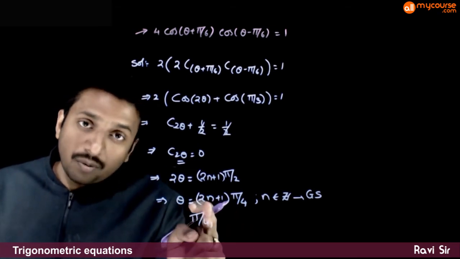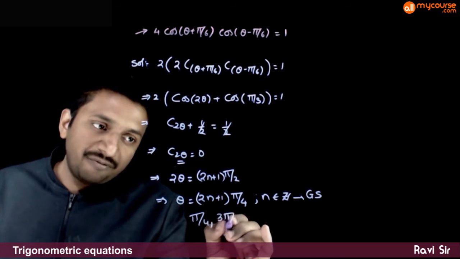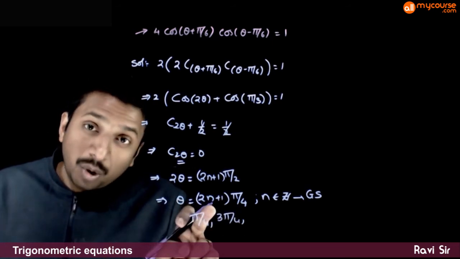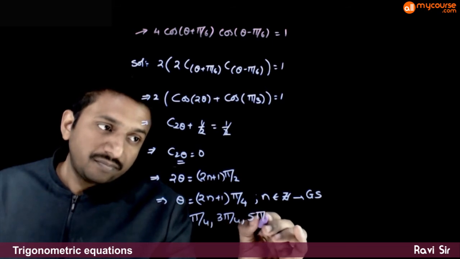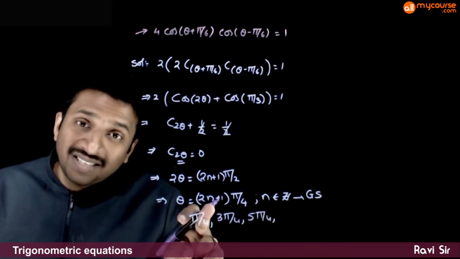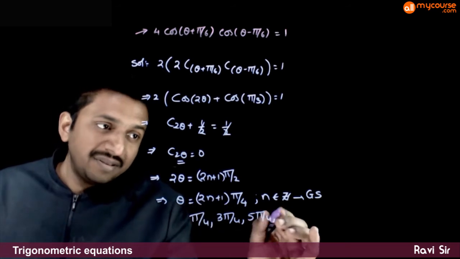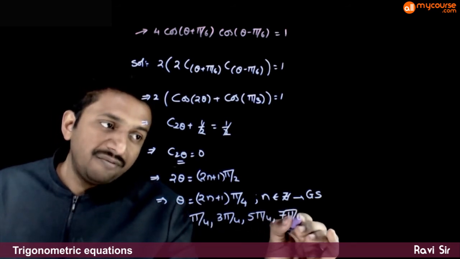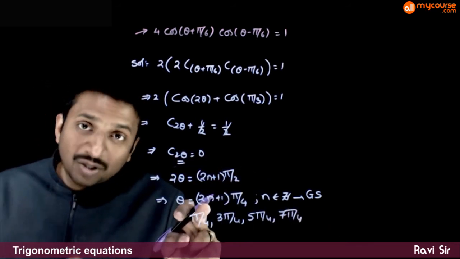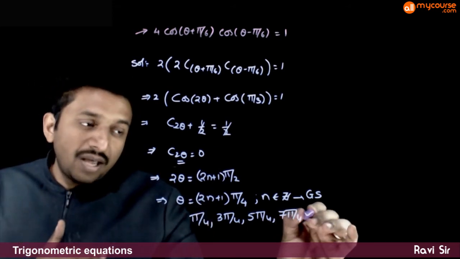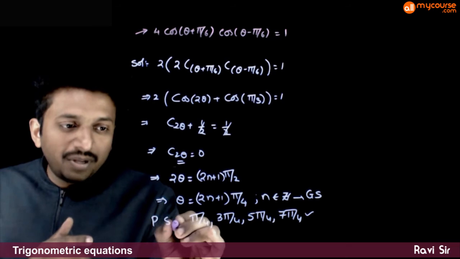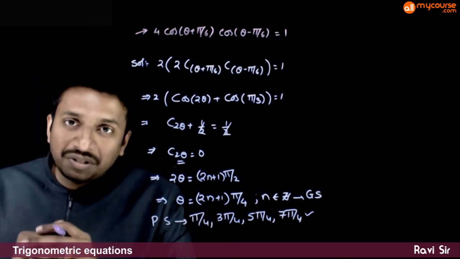If you put n is equal to 1, you get 3 pi by 4. If you put n is equal to 2, you get 5 pi by 4. And if you have n is equal to 3, you have 7 pi by 4. The next solution will be 9 pi by 4, which is more than 2 pi, so you cannot take that solution. So you have 4 principal solutions to this question.